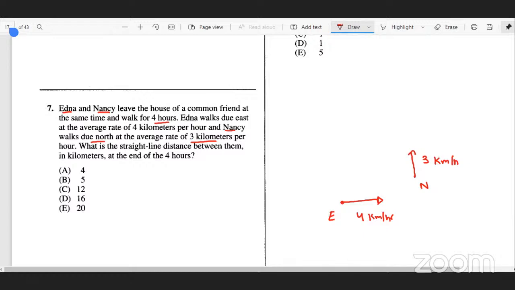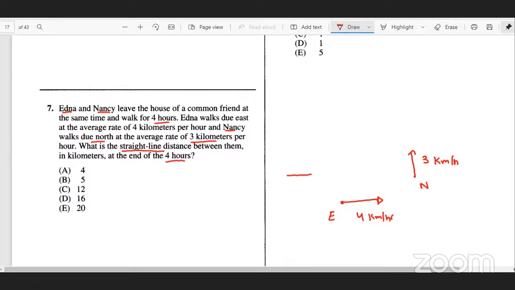Now let's just read the question part. The question part is, what is the straight line distance between them in kilometers at the end of 4 hours? Now we need to find the straight line distance. So here, if we talk about vectors, and if we are interested in finding the straight line distance, we need to use the head to tail rule.